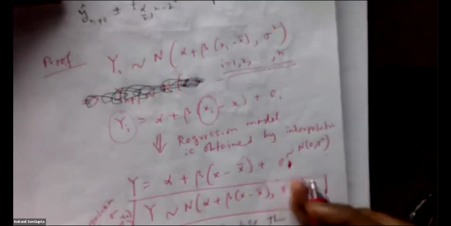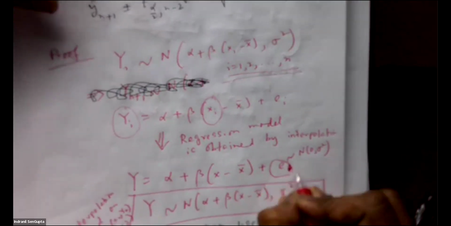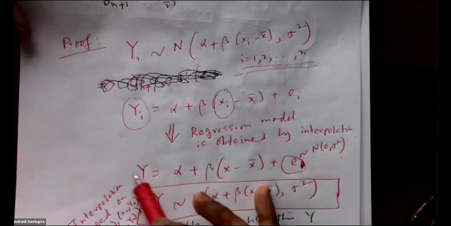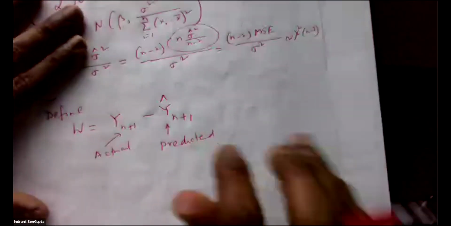By actual value, I mean that the error term is included, but we have no control over the error term, so we cannot really know what it is. So we can only compute the predicted one.